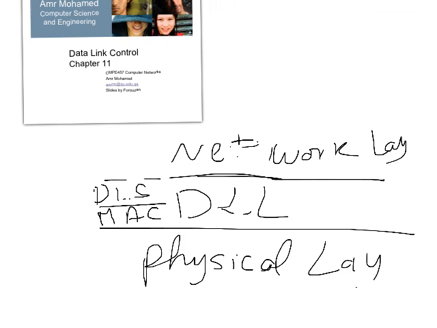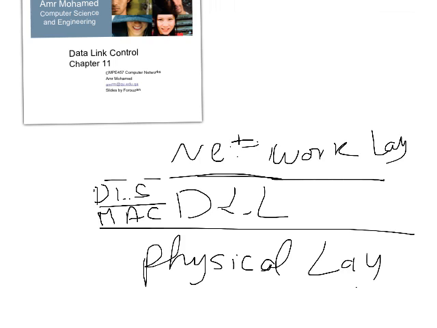We studied CSMA/CD and maybe CSMA/CA and so on, collision-based schemes and non-collision-based schemes. So in this chapter, we'll talk about data link control. The data link control is the upper sublayer of the data link layer.